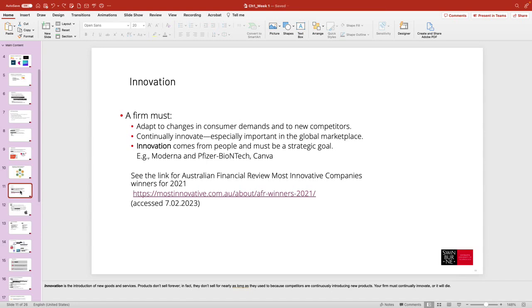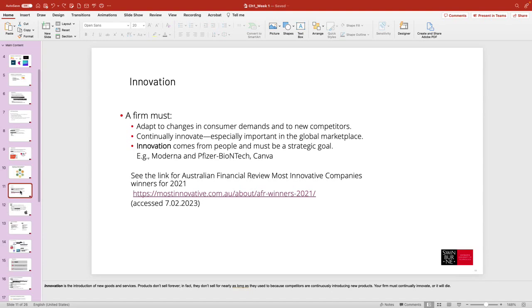But also remember, guys, innovation comes from people, and it must be your organizational strategic goal. I recommend you guys to go through the organizational vision of a few different organizations that you like, to see what their organizational mission is. Is there an innovation part within their organizational vision?